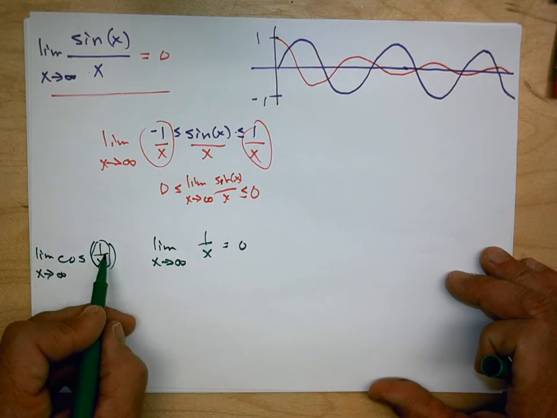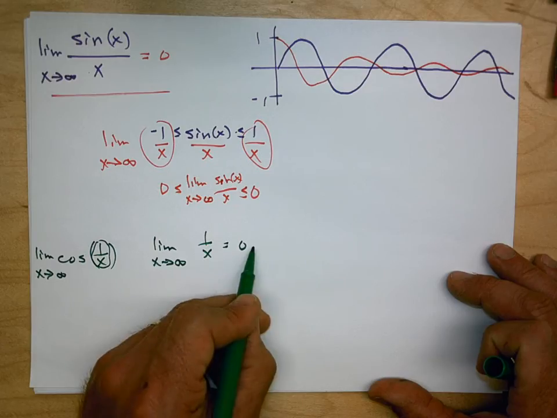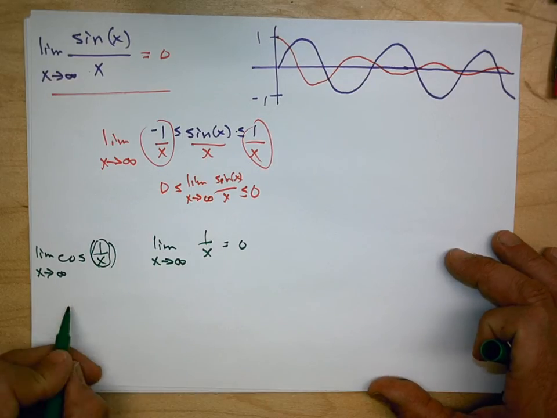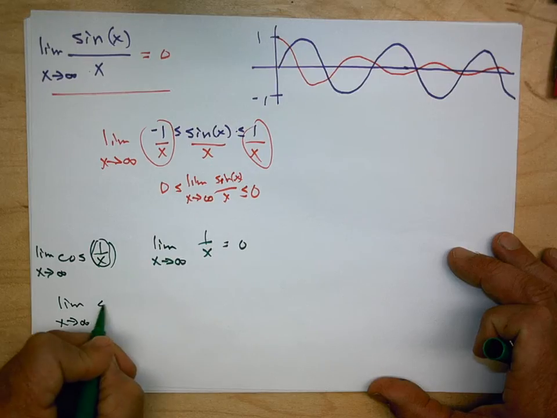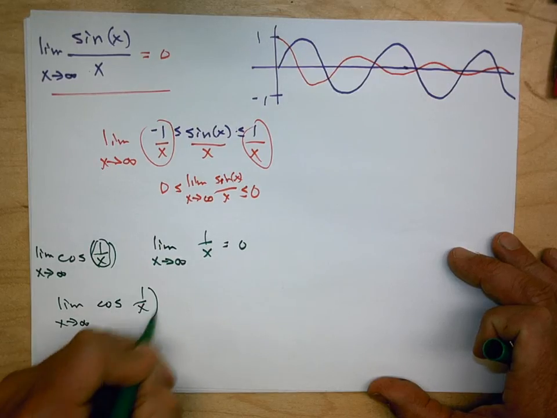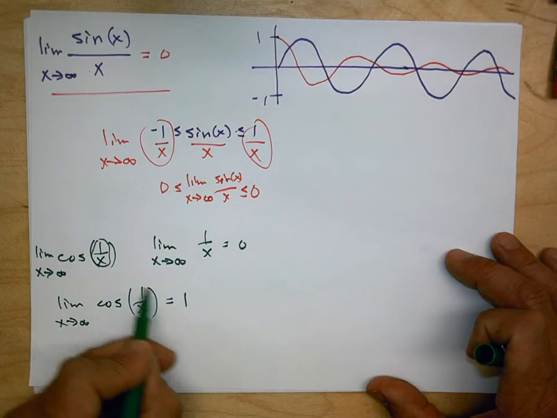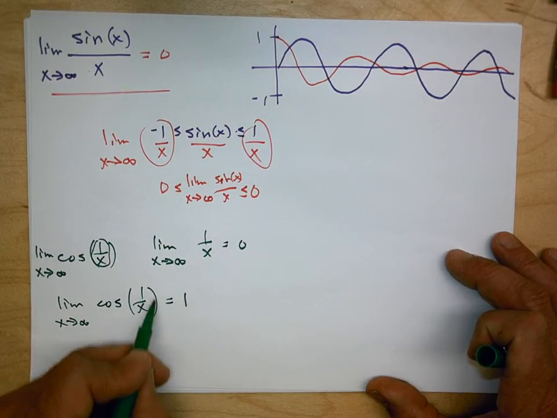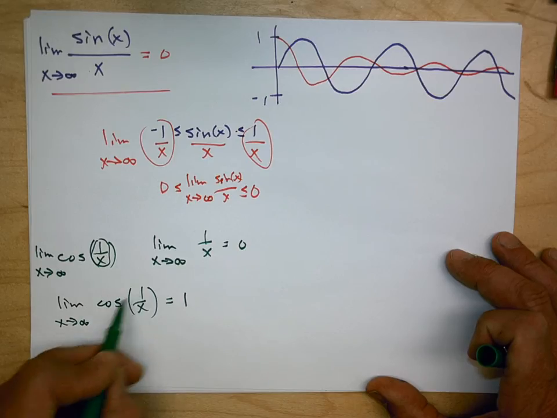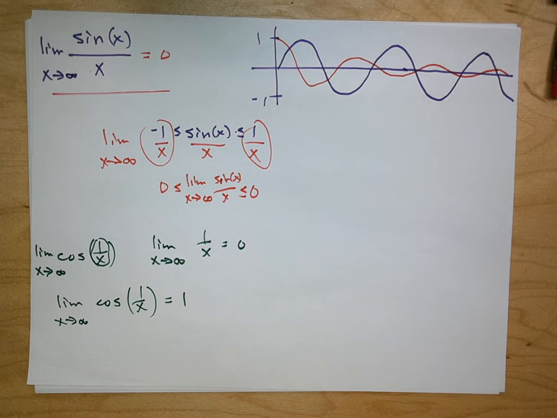So if that's what happens here, then we can ask, what's the cosine of 0? Because that's the limit, and the cosine of 0 is 1. So the limit as x goes to infinity of the cosine of 1 over x would be 1. It doesn't mean that this function will equal 1 at any point, because this will never actually get to 0, but we know that the limit of this is 0, so cosine of that would be 1. So the limit of the whole function equals 1.